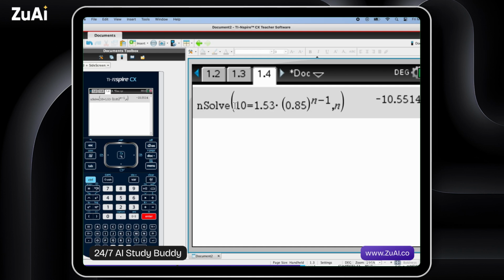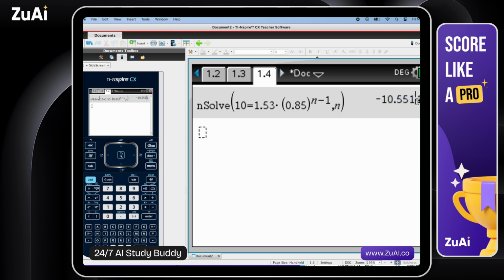Sometimes this is just me being careless, to be honest. You can have a look and see what the problem is. This negative 10 is impossible. This 1.53 is measured in meters, where this was given to us as 10 centimeters. So a negative value, obviously not really coherent.